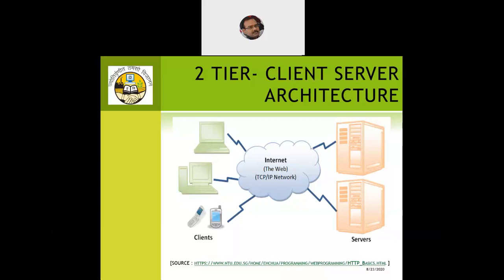So the fundamental architecture was the two-tier client server architecture. Then came the n-tier client server architecture, where we'll have an additional layer called the middleware or the middle layer, which we'll see in a slide also. And nowadays we also use the MVC, the model view controller architecture. And further on, IoT came and they started using the publisher subscriber model.